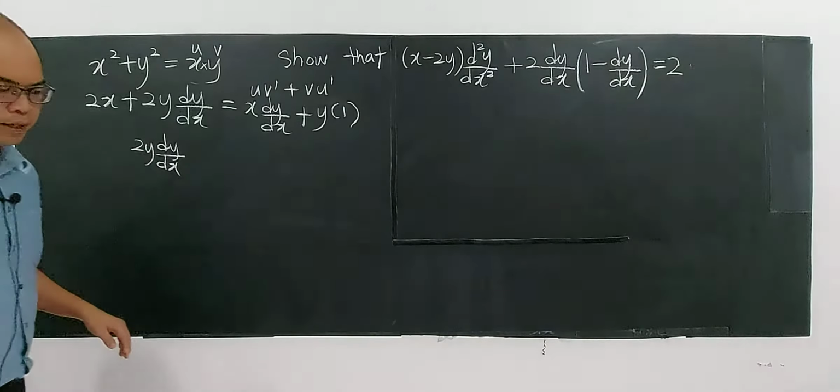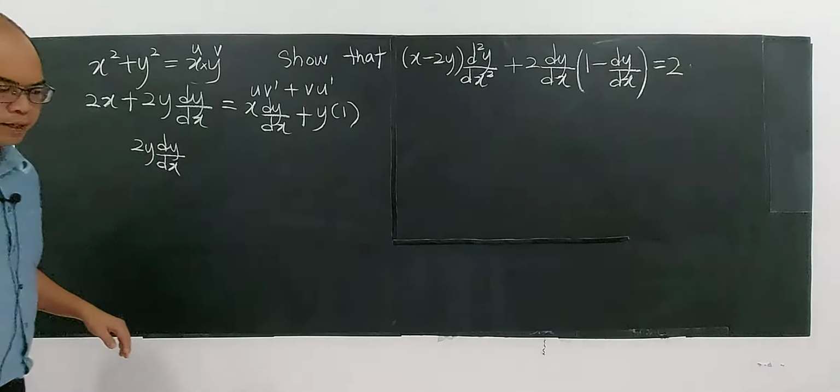I can rewrite this form because I always prove something based on what I can see here, arranging it based on what I need. You see that there is an x minus 2y here, so I'm very sure I'm going to bring this over there.